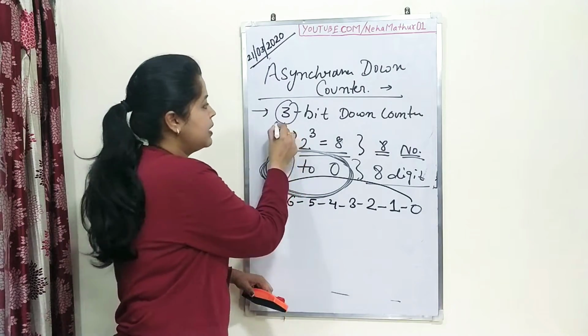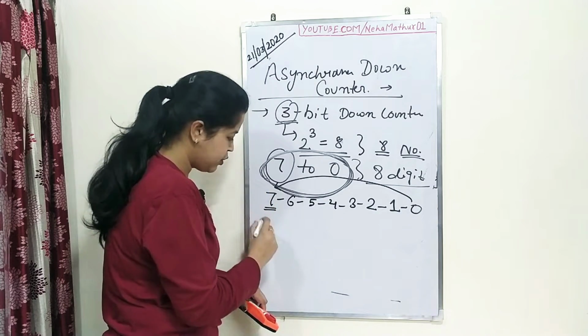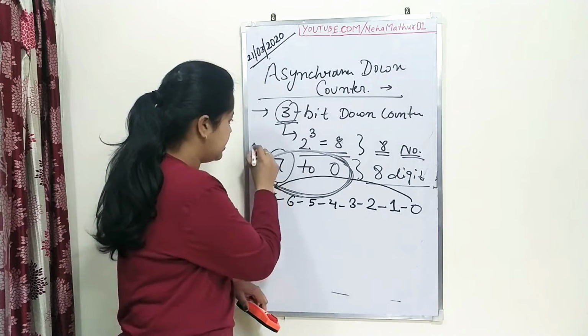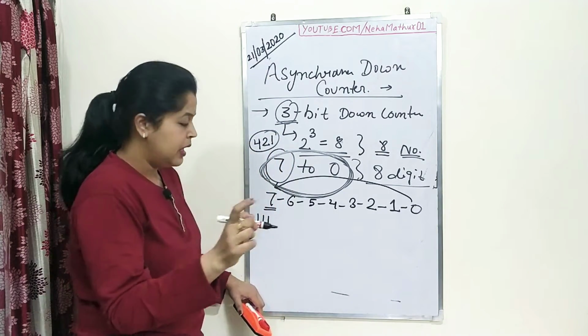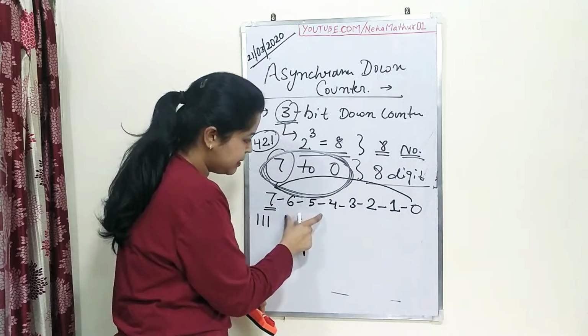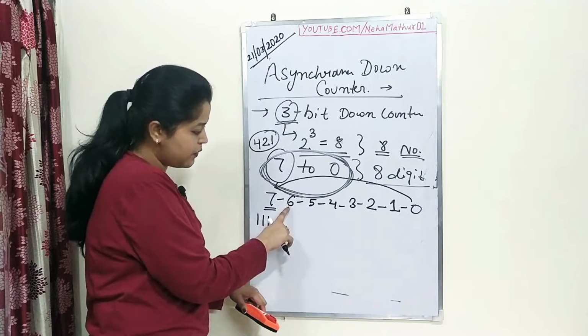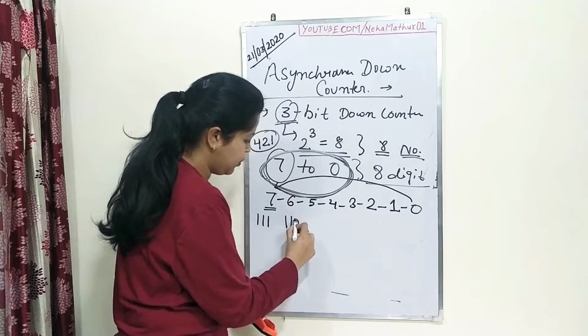But what about the binary representation? In terms of binary representation, 7 is always represented by 1 1 1, while 6, I am using the concept of 4 to 1, and then I am converting these decimal numbers into equivalent binary numbers. So for 6 the equivalent binary number will be 1 1 0.